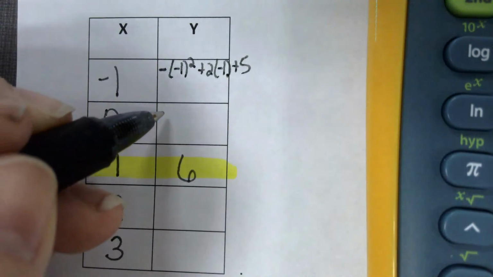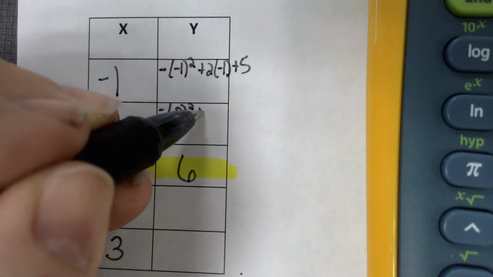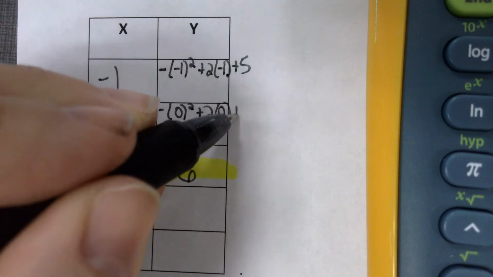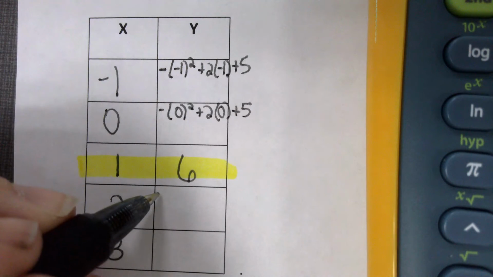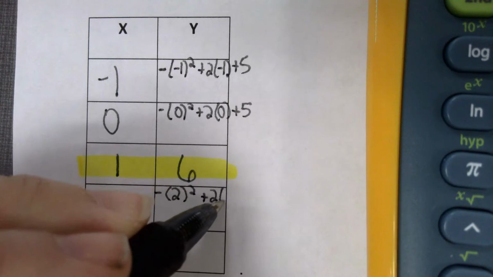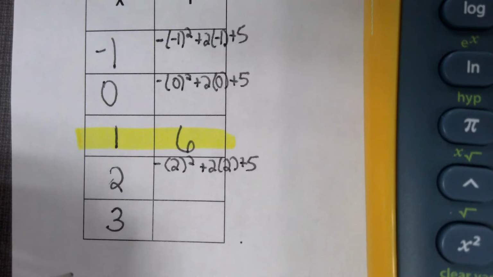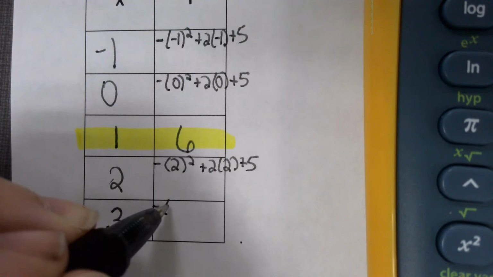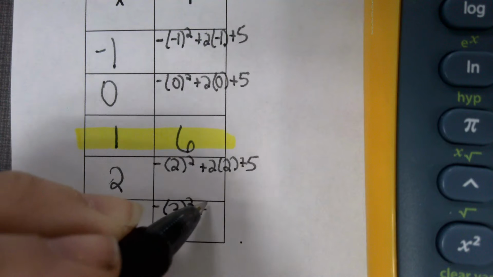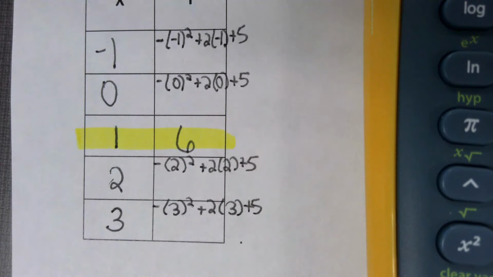We'll do it again here. -1 times 0 squared plus 2 times 0 plus 5. Negative, parentheses 2 squared plus 2 times 2 plus 5. And then finally for the bottom, we'll have negative, in parentheses 3 squared plus 2 times 3 plus 5.